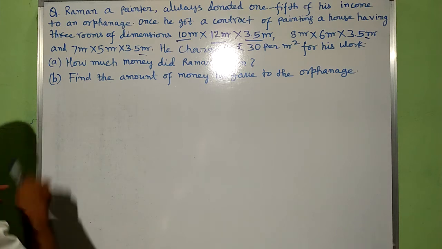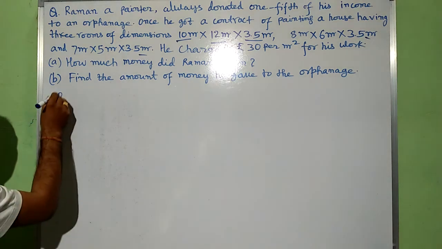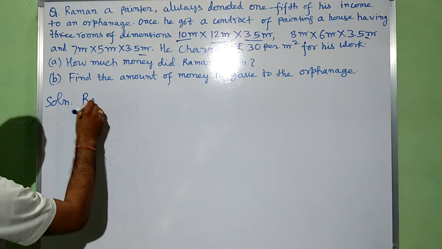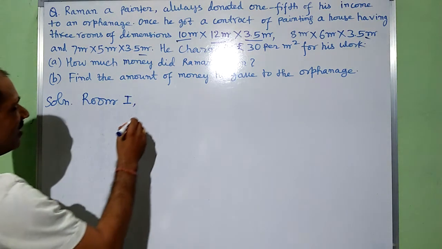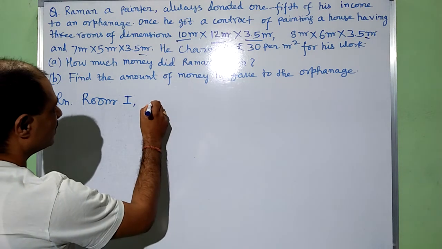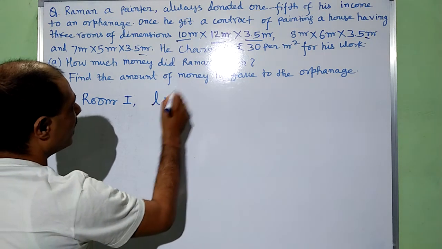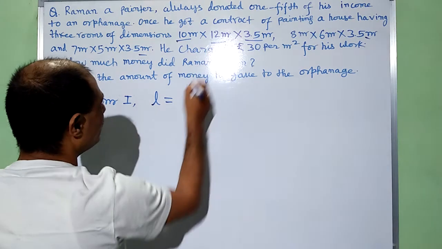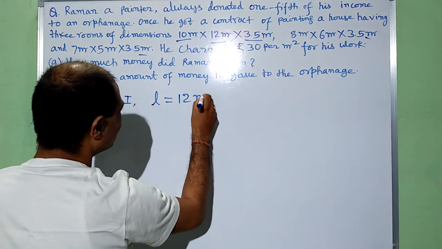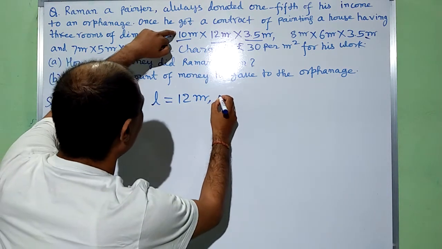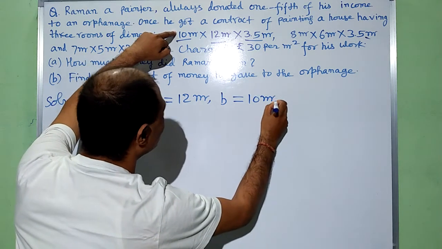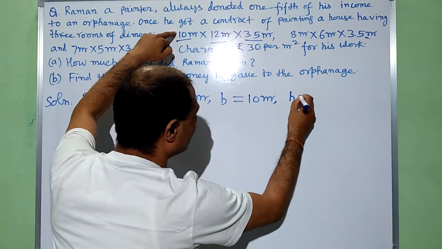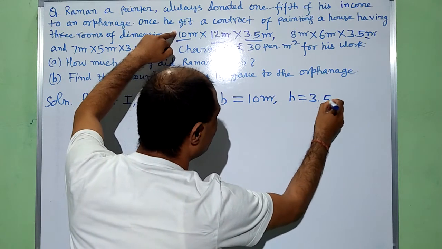For room first, dimensions are: suppose L is 12 meter, B is 10 meter and H is 3.5 meter.